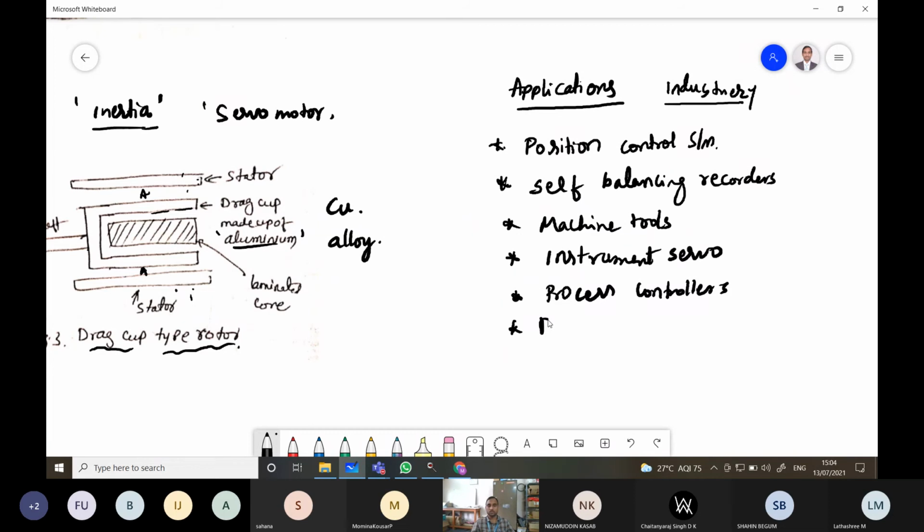Usually in robotics, where a step angle is needed, there are different types of applications. In position control systems, exact angle, what particular position the movement is required. In process control, very precise controlling characteristics are needed.